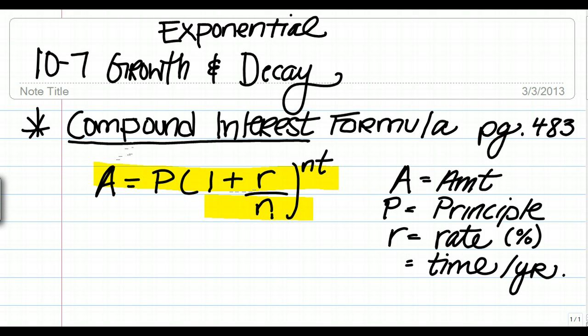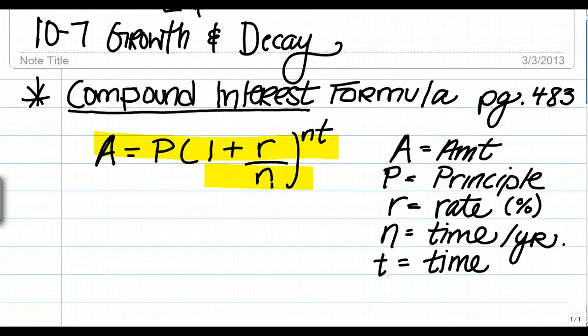So how many times is it going to compound, quarterly, annually, semi-annually, and it will be stated in the word problem. And T equals your time. How long are you going to leave the money in there? A year, 2 years, 10 years, 20 years, 20 months, those kind of things.